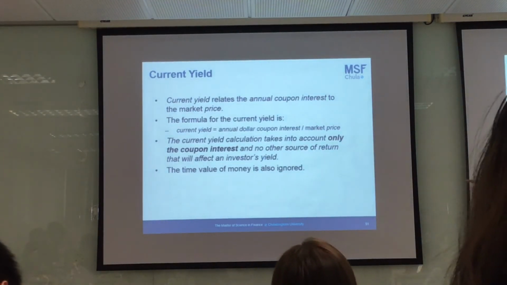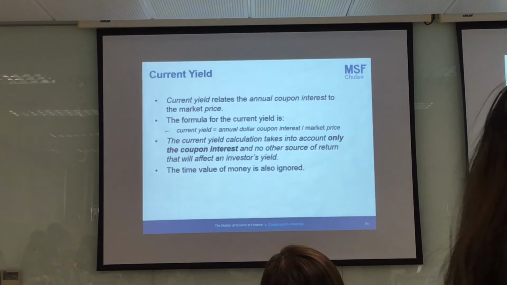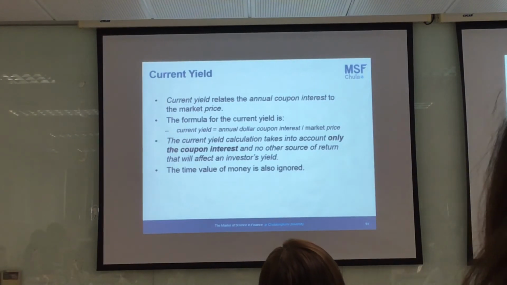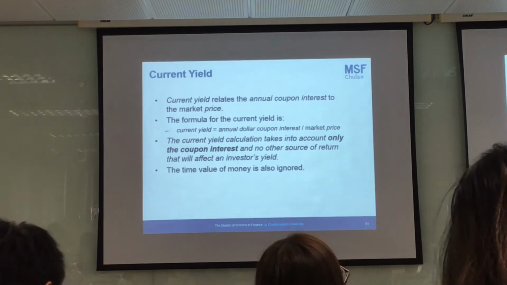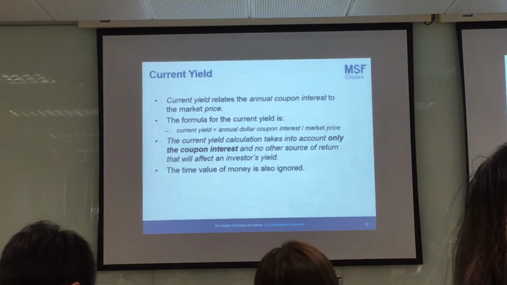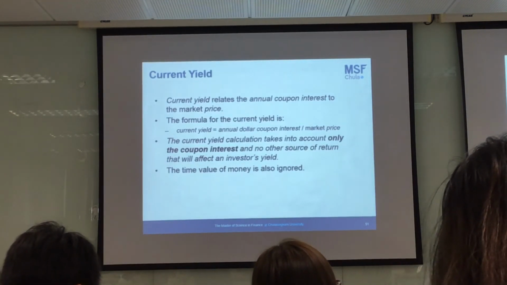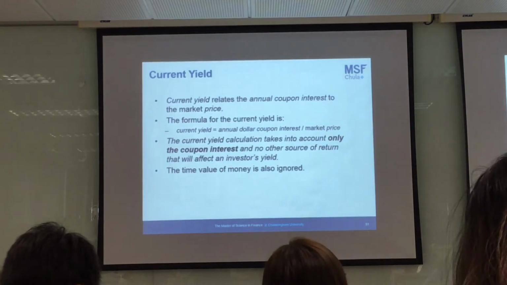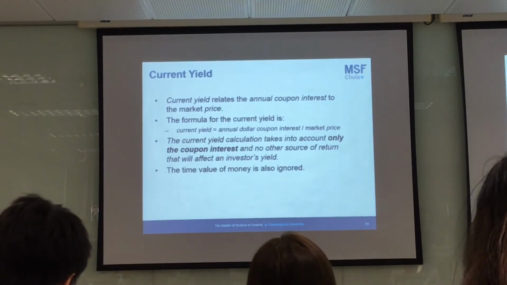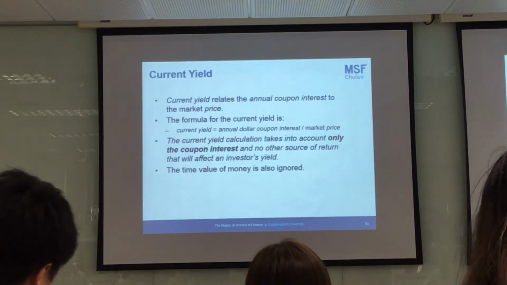We simply add the first coupon payment that you receive in the first half of the year and then the second half of the year, in case the bond pays the coupon every 6 months. So just add the total dollars you receive in each year divided by the bond price. That's all.